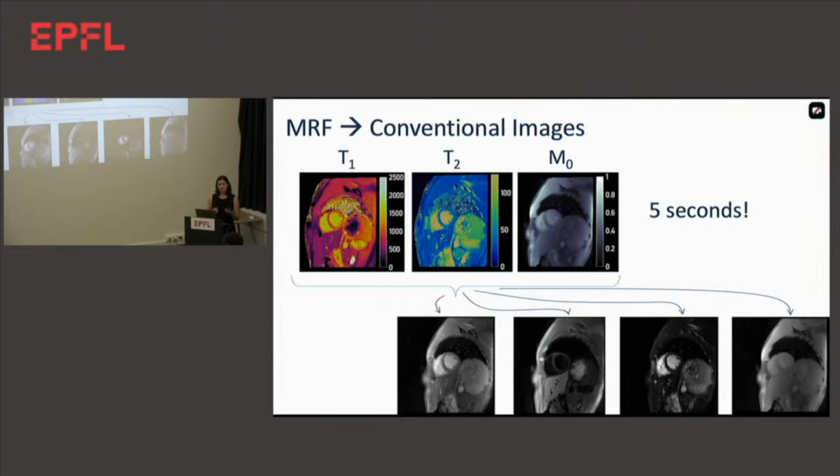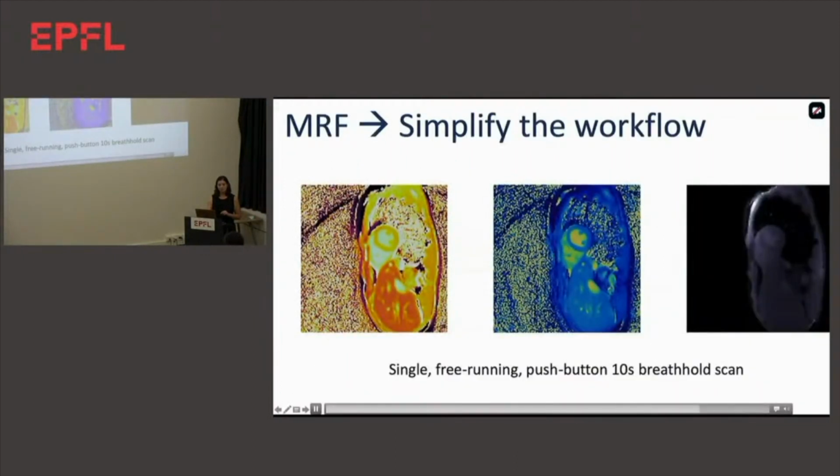And so I think in this way we can say, okay, give us the 5 seconds to make these maps. We'll give you these conventional images as well, and you can start by easing your way into the quantitative sphere without having to jump there immediately. You'll have something to still compare to your conventional images, so it makes it a little bit more comfortable. And if we can show them that we could simplify the workflow by giving them ejection fraction measurements, which is what they want, looking at how the heart is functioning, and also T1, T2, and proton density, they might be, again, a little bit more willing to try this out just in a first step.